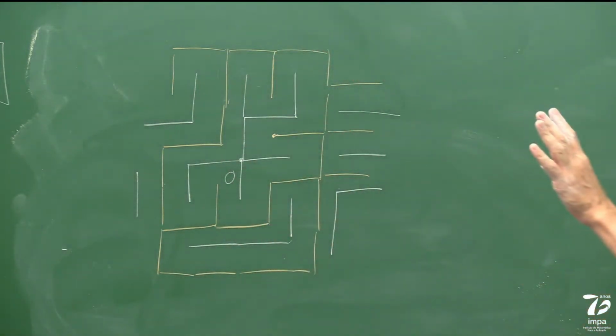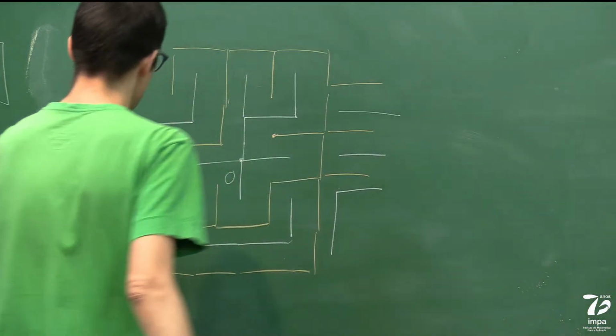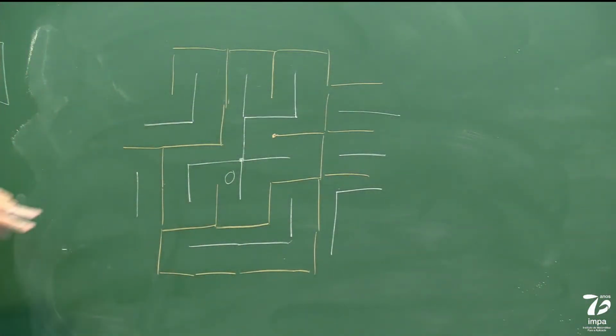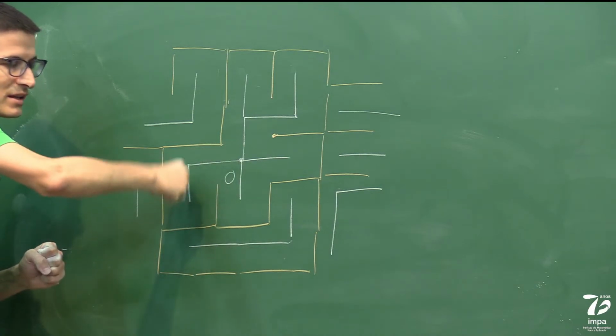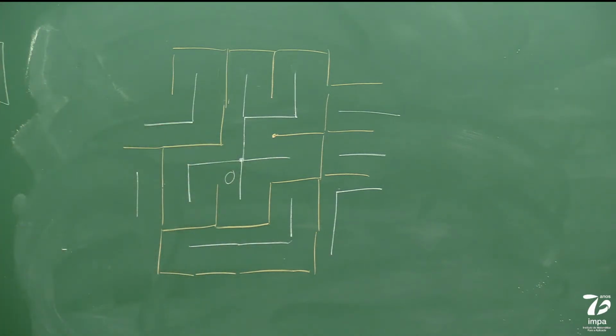What's the important point I want to make here? It is that if you're not connected to infinity, this means that the set of vertices that are connected to 0 is finite.